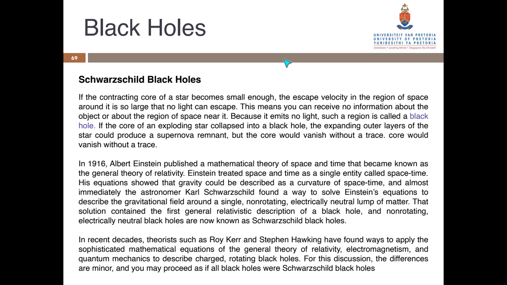And almost immediately, the astronomer Karl Schwarzschild found a way to solve Einstein's equations to describe the gravitational field around a single non-rotating electrically neutral lump of matter. That solution contained the first general relativistic description of a black hole. And non-rotating electrically neutral black holes are now known as Schwarzschild black holes. So that is something to know. I can ask, for example, in the exam, what is a Schwarzschild black hole?